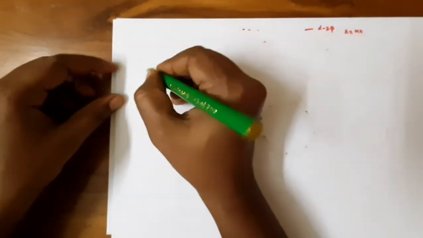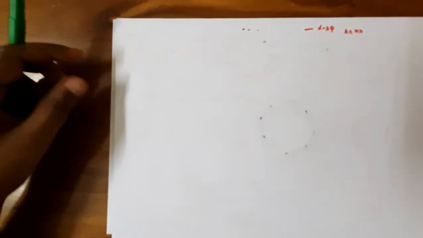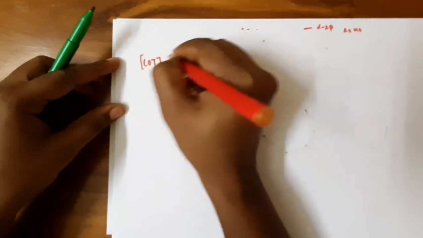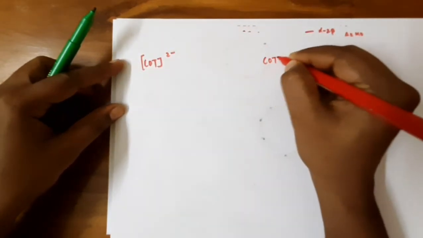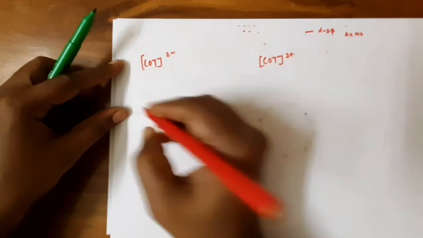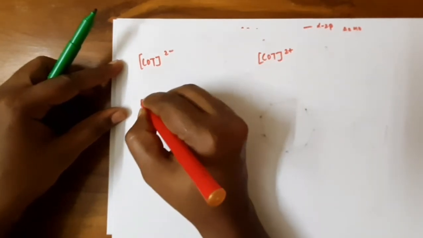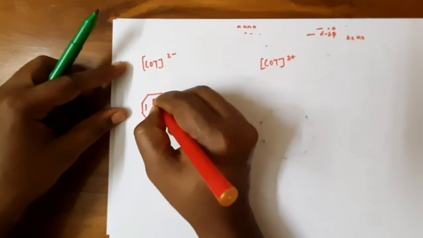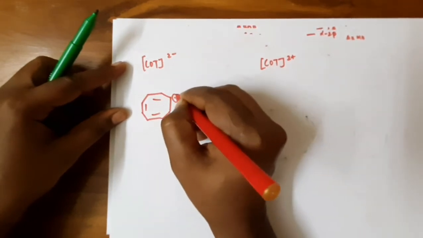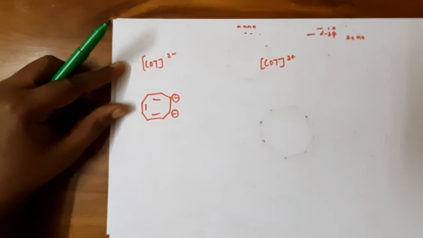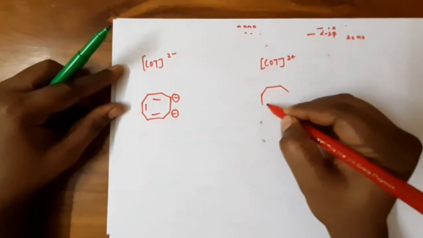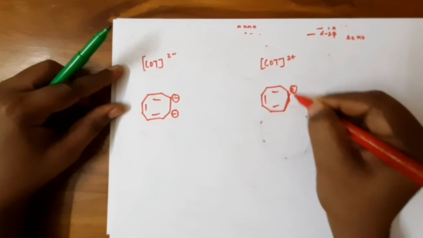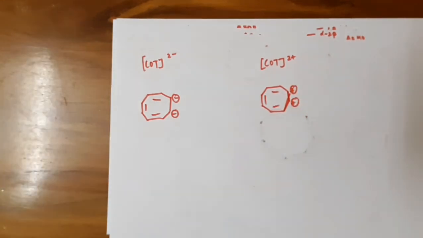And if you take COT 2 minus and COT 2 plus. This is COT 2 minus and this is COT 2 plus.